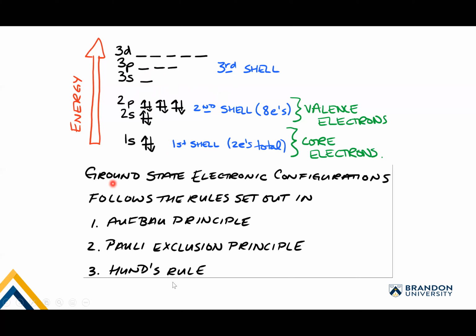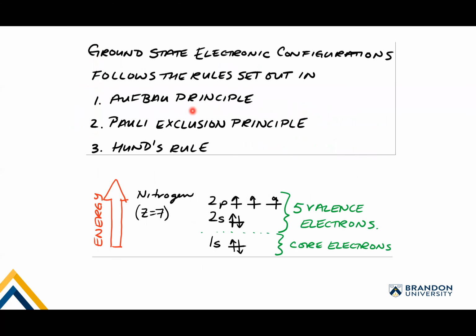Now, Hund's rule applies in scenarios where you have got 3 orbitals that have got the same energy. So we call these degenerate orbitals. So in the case of nitrogen here, nitrogen's atomic number 7. We've got 7 electrons, 1, 2, 3, 4.